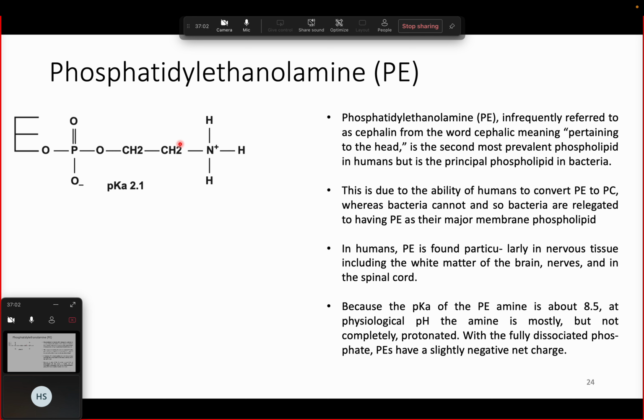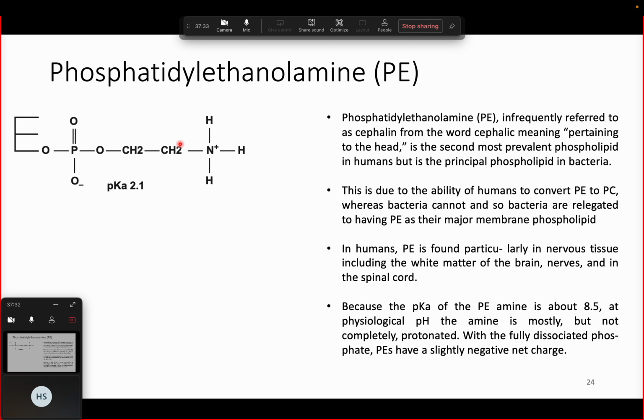It is the second most prevalent phospholipid in humans, but is the principal phospholipid in bacteria. In humans, PC is the most abundant phospholipid, while PE comes later. But in bacteria, PE is the dominant phospholipid. Why? Because humans have the ability to convert PE to PC, right?